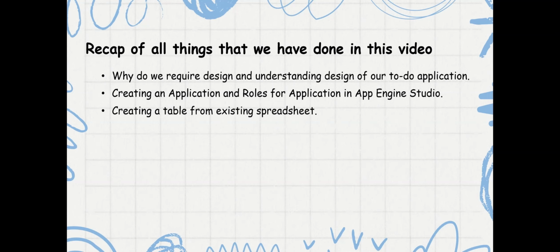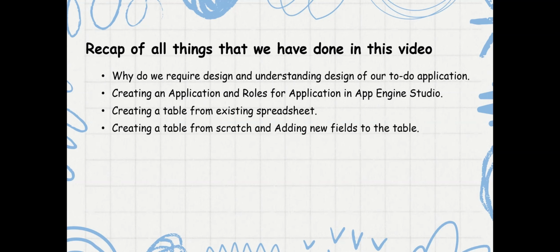Next, we have created a table from an existing spreadsheet by importing the spreadsheet. Next, we have created a table from scratch and we have modified the table and added the new fields as per our requirements.